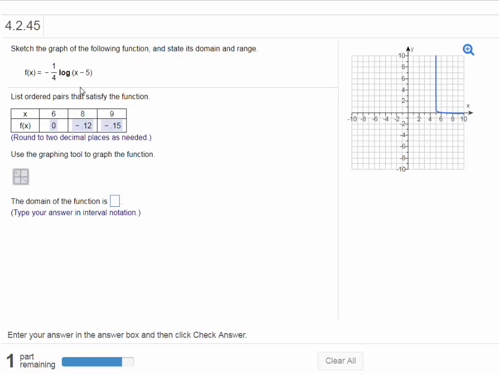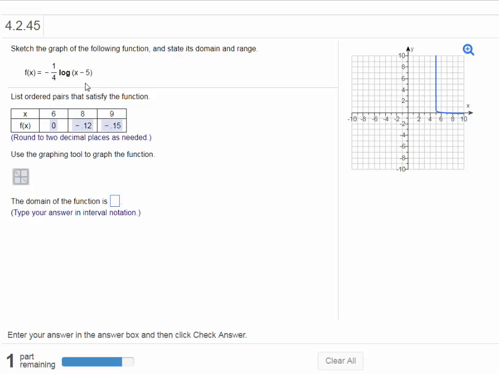The domain of the function. If we were to look inside of this parentheses inside the logarithm where it says x minus 5, it's necessary to only have positive numbers inside of a logarithm. We can't have 0 and we can't have negative numbers. So we would need to take x minus 5 and set it strictly greater than 0.